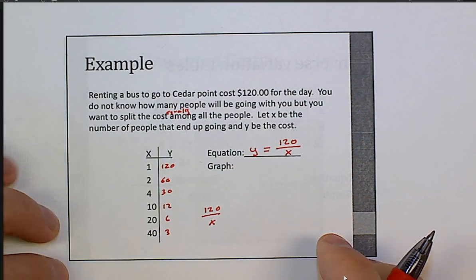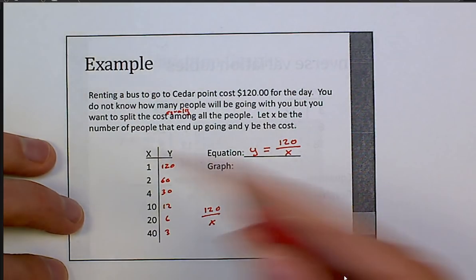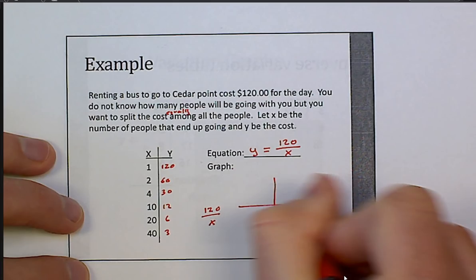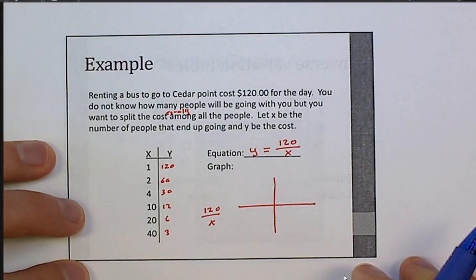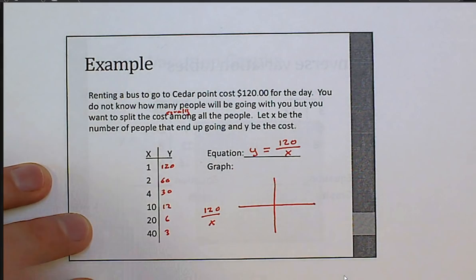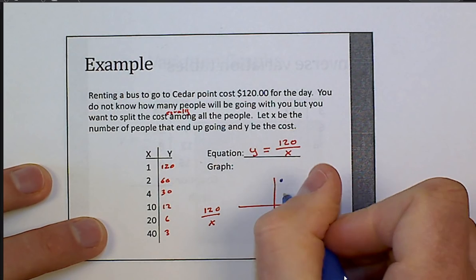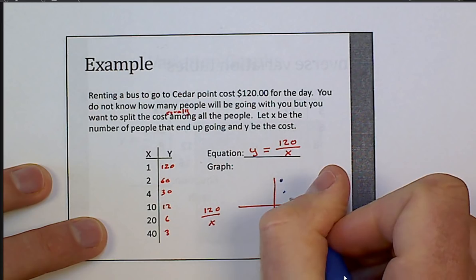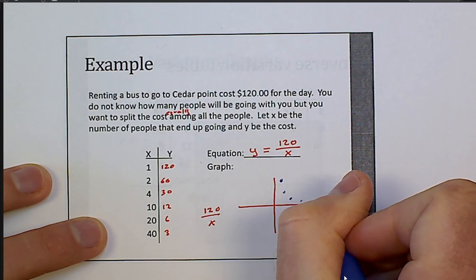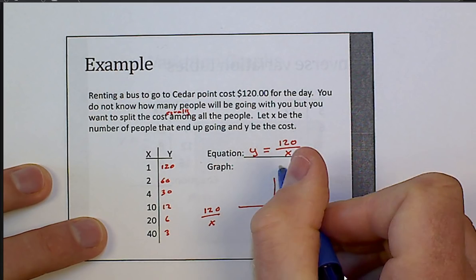If we were to graph this, this is a little bit different than what we graphed before. If you graph these points like 1 and 120, and I'm just going to estimate here, 2 and 60, 4 and 30, 10 and 12, and then 6 and then 3, we would get something like this.